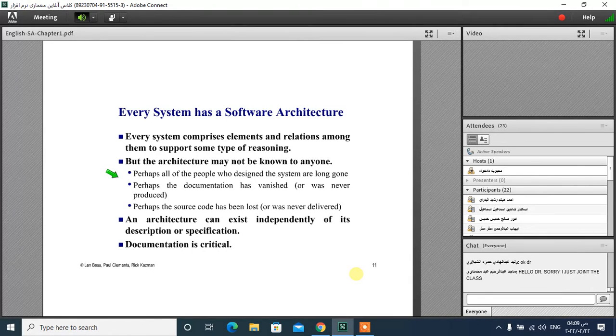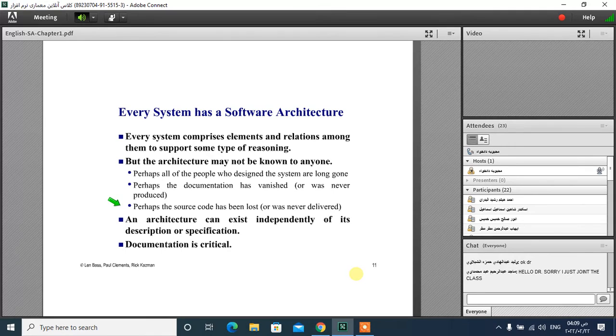Perhaps all of the people who designed the system are long gone, or maybe the documentation has vanished, or maybe the developers didn't produce any documentation. They didn't document the system, or maybe the source code has been lost, or in software where we don't deliver the source code, the source code was never delivered.